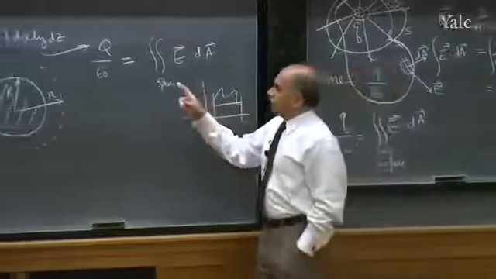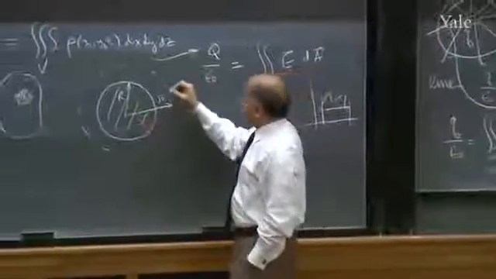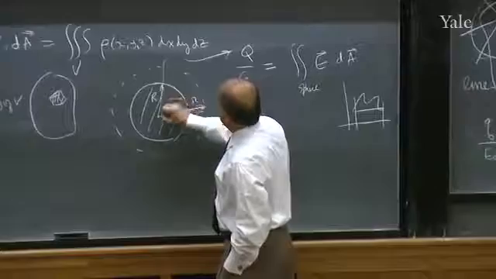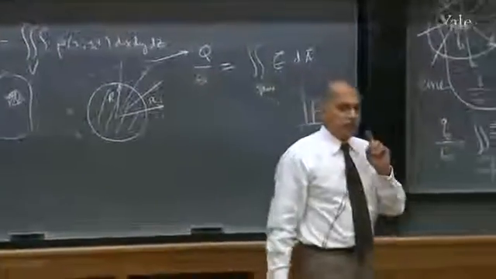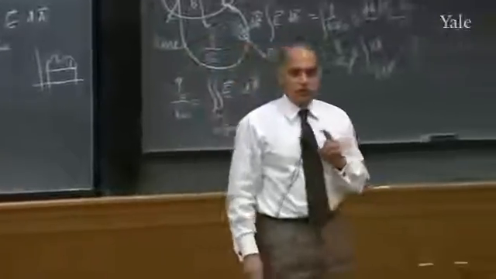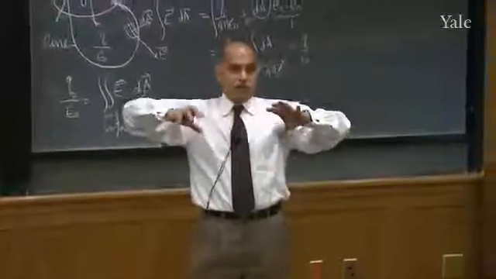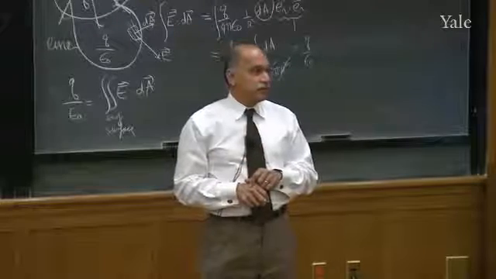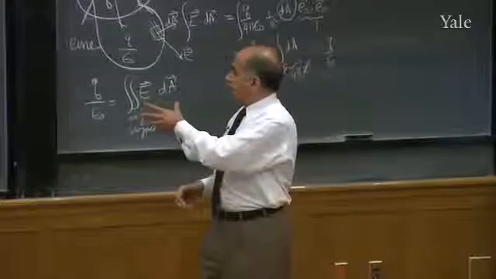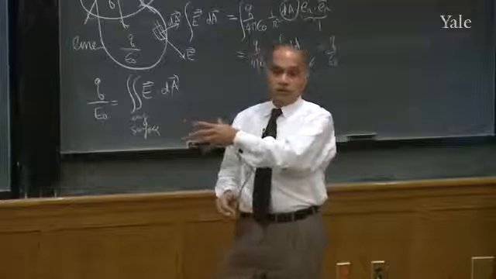And we argue that if you've got a spherical charge density, the electric field must be radial everywhere. You've not proven this, but you argue that it's the only distribution with lines coming out everywhere, invariant under every possible rotation of the sphere. Because if you rotate the sphere, I won't know you rotated it.